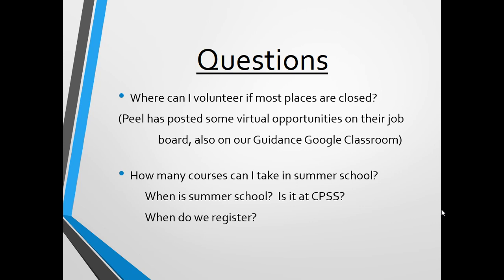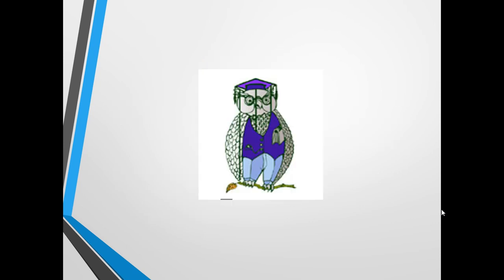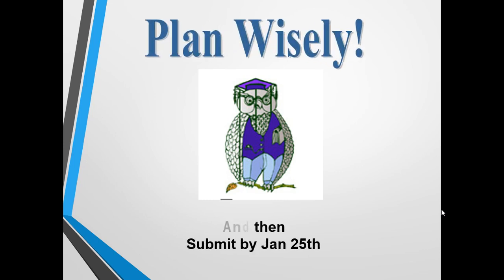And the last thing I wanted to address is, what if you do have to make a change? What if you made your plan and come quadrimester 3, you're in your courses and you're just not sure about your plan? We will give you the opportunity at the end of February, beginning of March, to reconsider your options. And what that means is we usually use a verification letter.